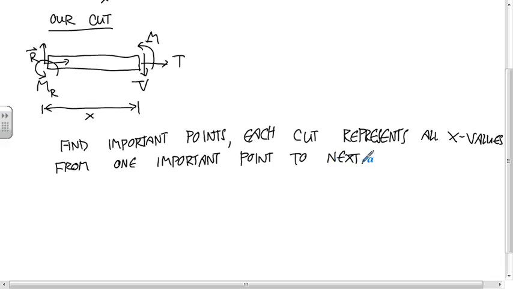But even if your cut represents all the x values from like 0.5 meters to 1 meters, that range isn't telling us anything about what parts of the beam are in our cut. Our cut always goes all the way from the left up to some range of x values.